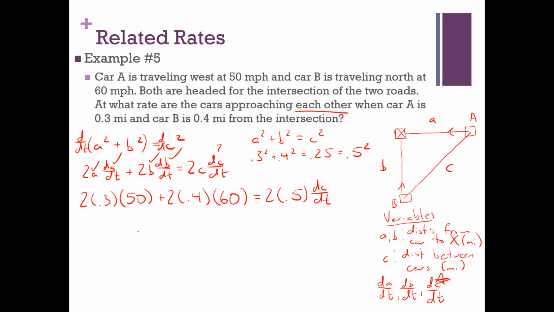So yeah, I think we have enough here. Would it please the court if I just did this, cancel 2 out of everything? Divide the entire equation by 2. So then I get 1.5 plus 2.4 equals 0.5 times dC/dt.